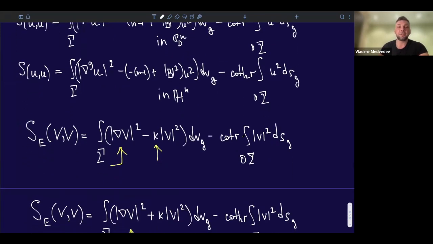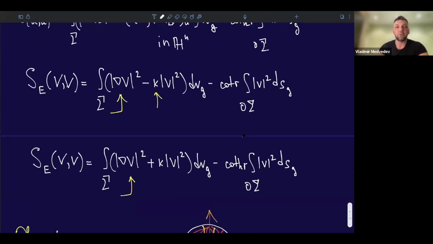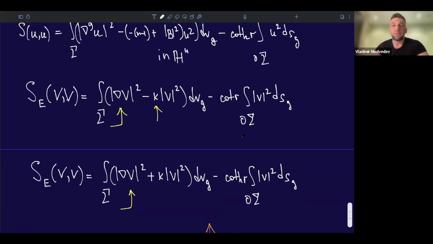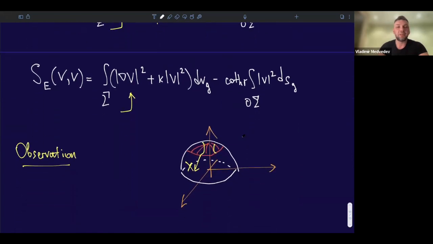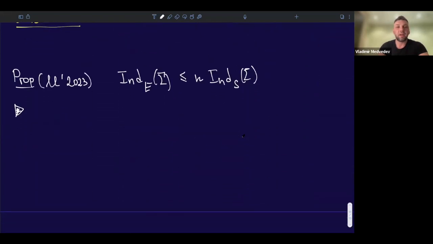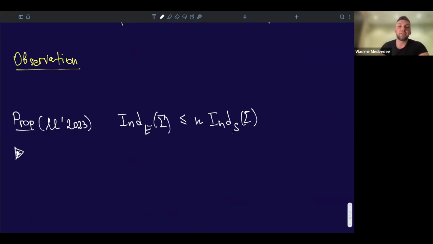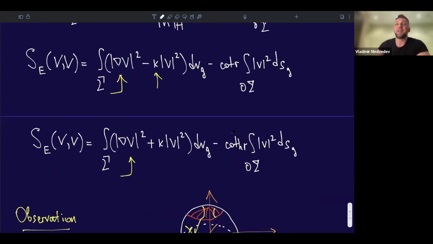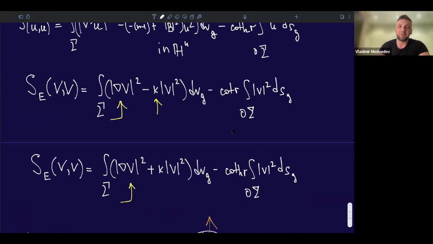And then, I promised that I would explain the second variation for the energy. It takes the following form.